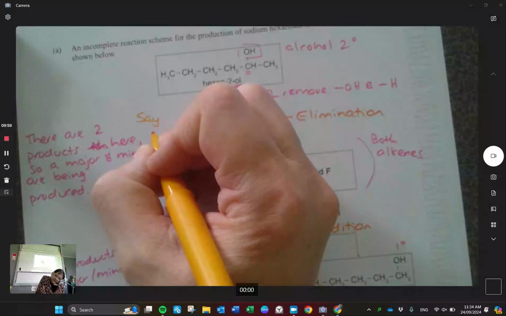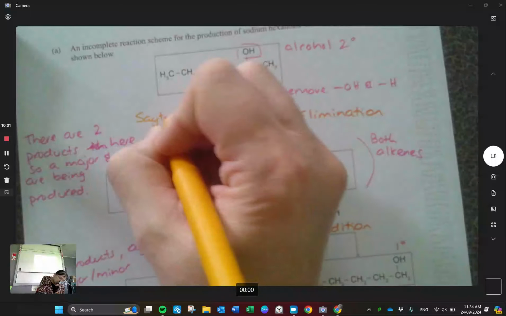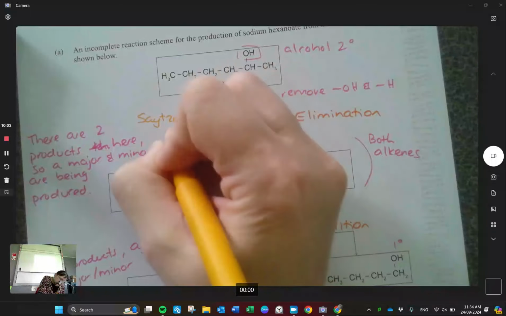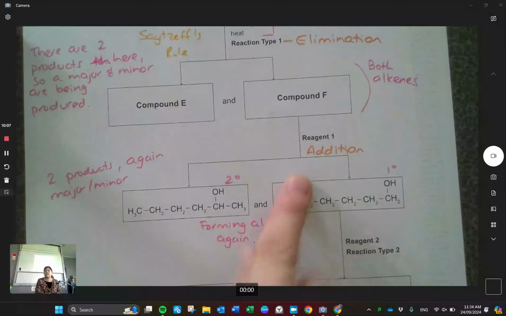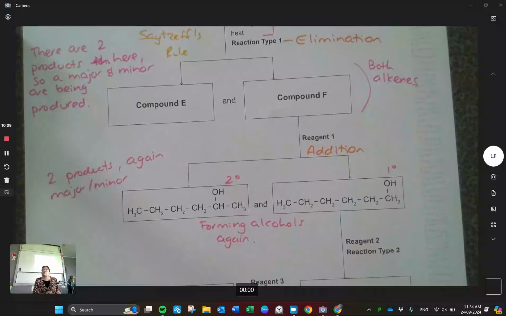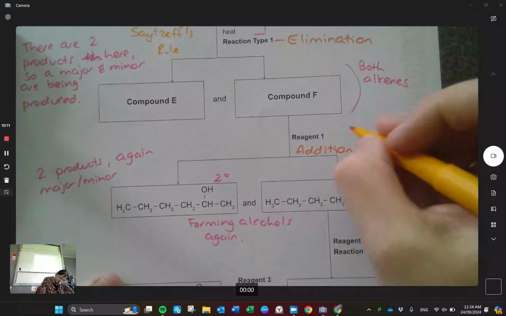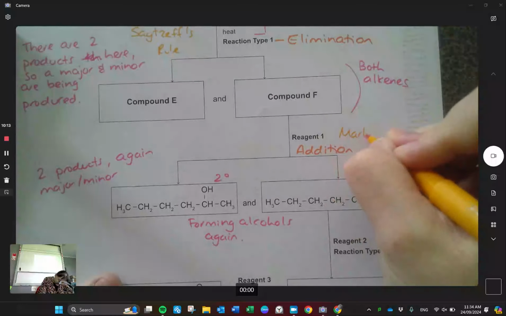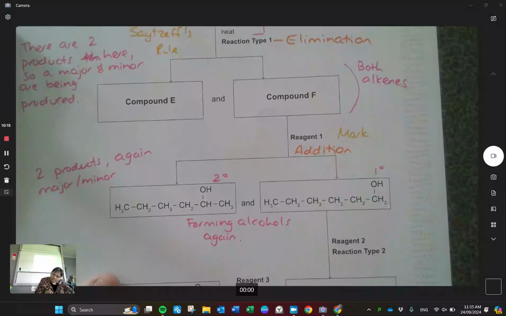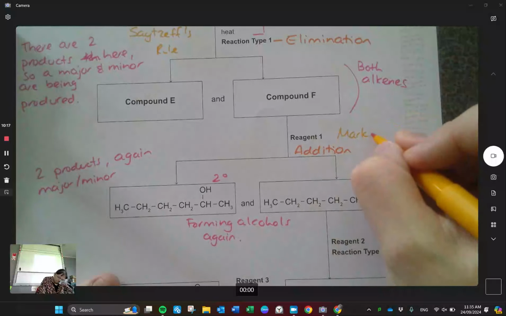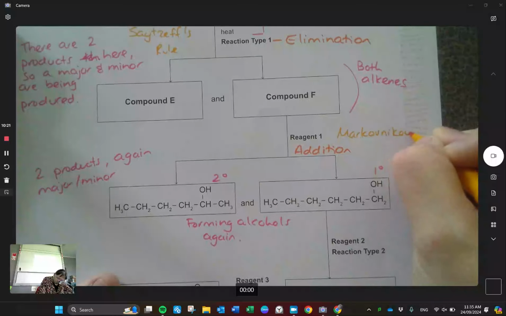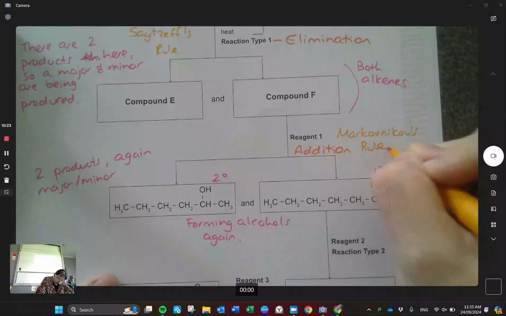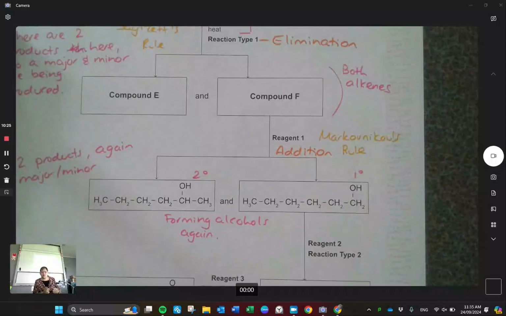All right, Zaitsev's rule. And this one here is slightly different because we are adding to the molecule, so the rich get richer, so that's Markovnikov's rule.